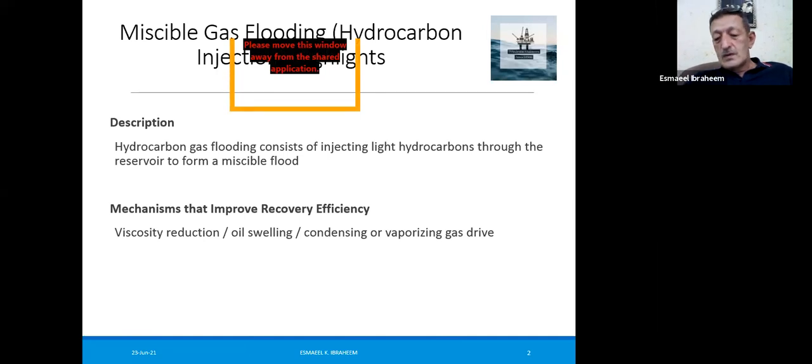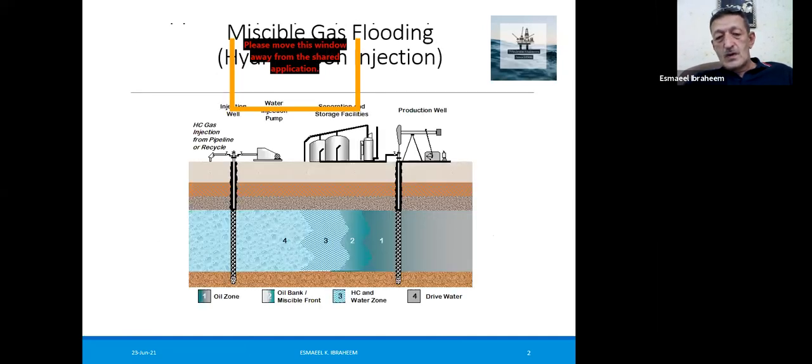That means we will enhance the gas drive of the reservoir. This is a diagram of the surface facilities and the downhole operation in this kind of miscible flooding. Number 2 is the oil bank, which is a miscible front.